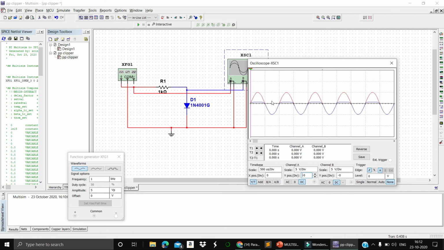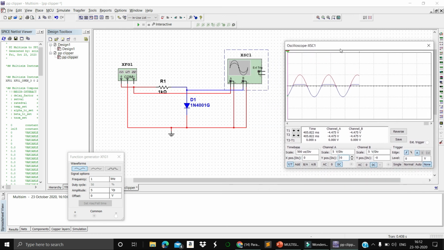Whereas in the negative half cycle my input is less than 0, in such a case it is in reverse bias mode. In reverse bias mode these two terminals will be open circuited. This means whatever you are connecting here, that negative output will come and be reflected on the output. So the negative half remains the same and the positive half is clipped. It will keep going until you stop the input. In this way the positive parallel clipper circuit works.